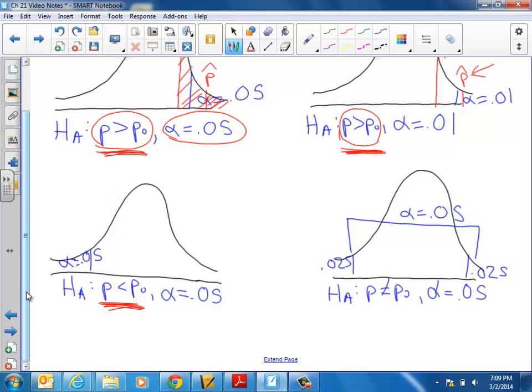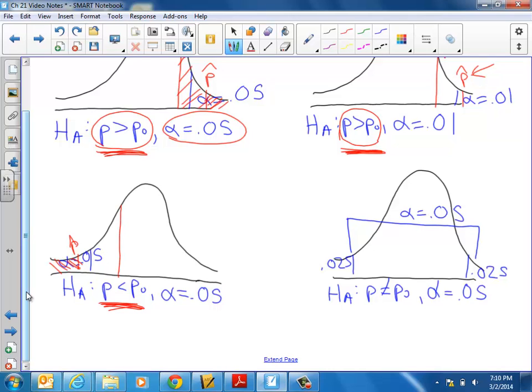I don't want to do the right just yet. Let's look to the left. So if you have a p-hat value to the left here, you would reject the null hypothesis because the probability that the null hypothesis proportion would actually explain these findings would be less than 5% of the time for this sample. So it would be less than 1 in 20 times you would see a sample proportion that behaves this way.